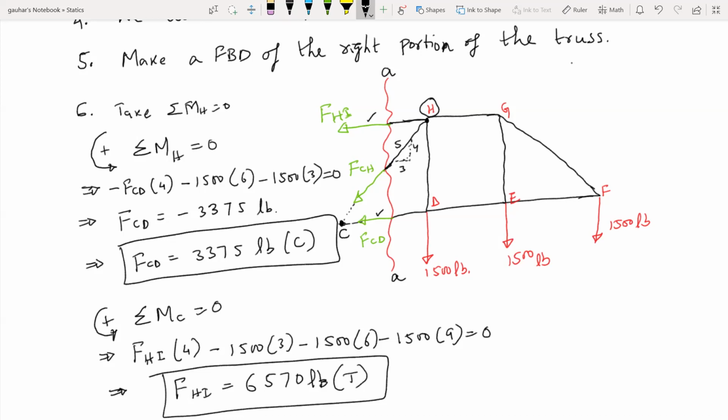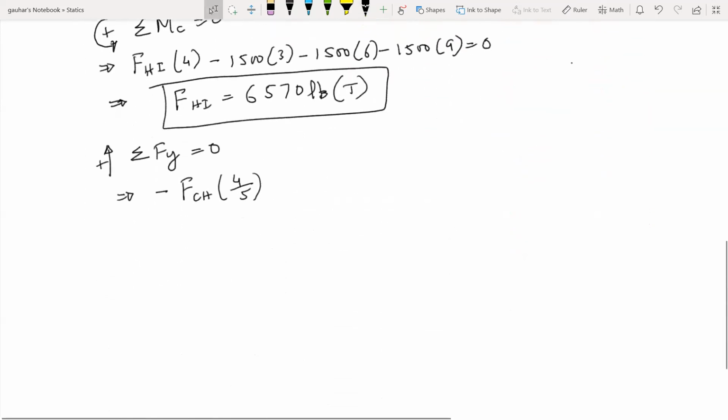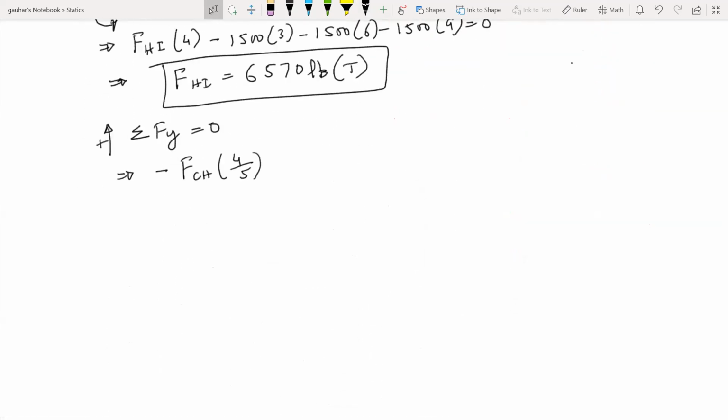So that's how we got this triangle ratio, and this FCH is acting downwards because we assume tension. So negative FCH times 4 by 5 is the Y component, and then we have 1,500 pound forces acting downwards. So negative FCH times 4 by 5 minus 1,500 equals 0.